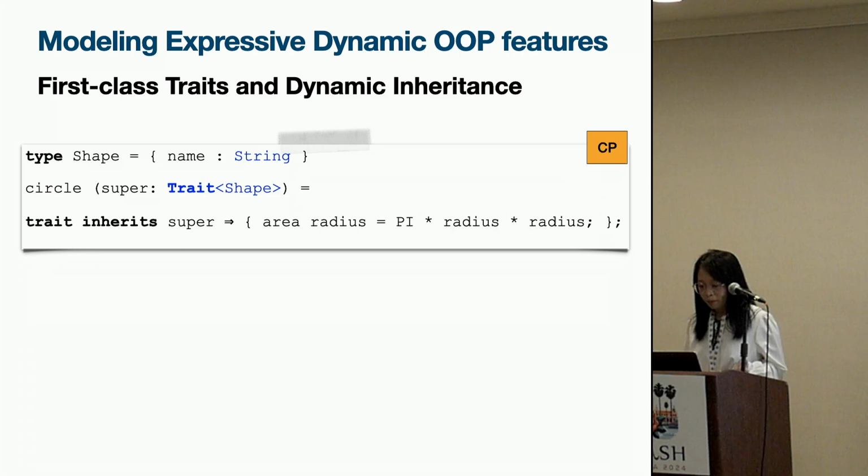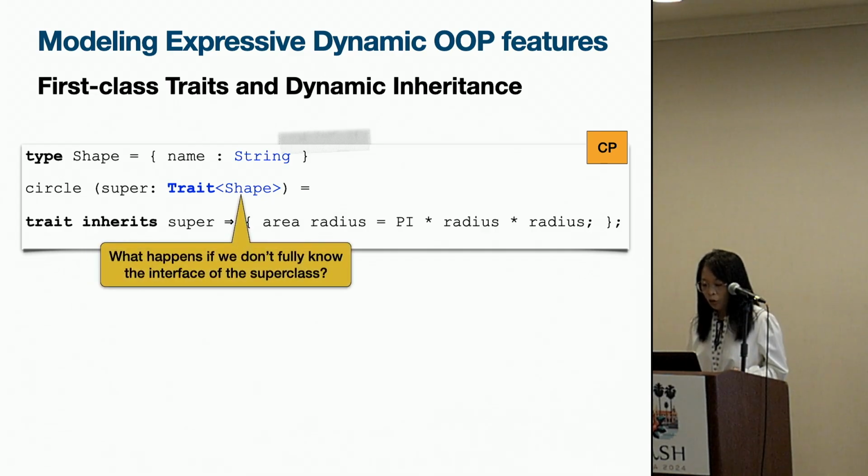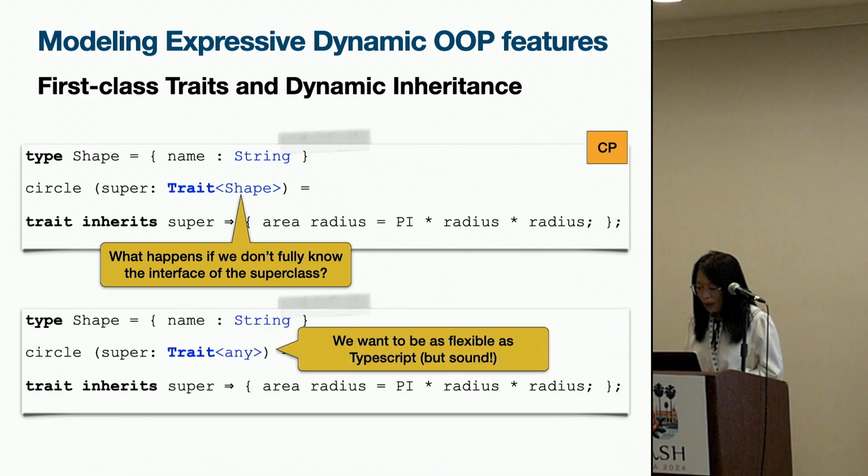However, CP is a static language, which is restrictive. So the question is, what happens if we don't fully know the interface of the superclass? What happens if we would like to extend any trait with this area, and we would like to do something like this, which you can do in TypeScript.